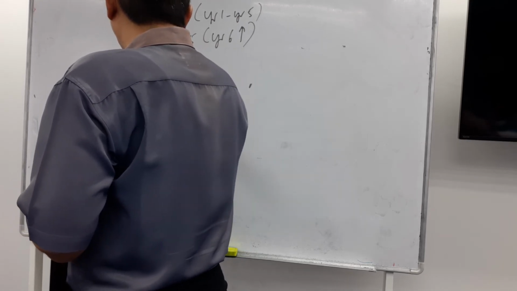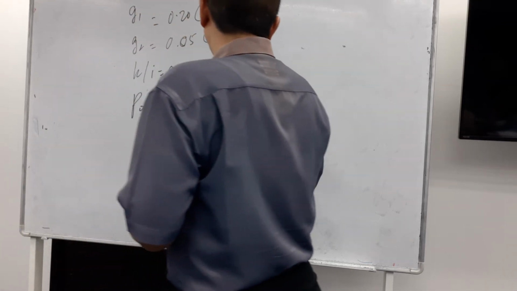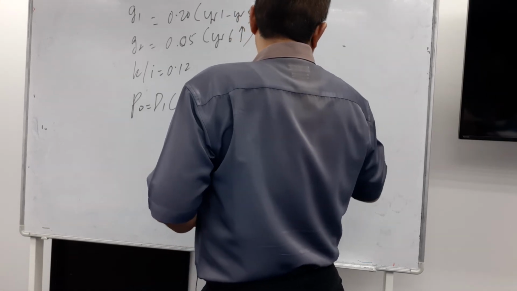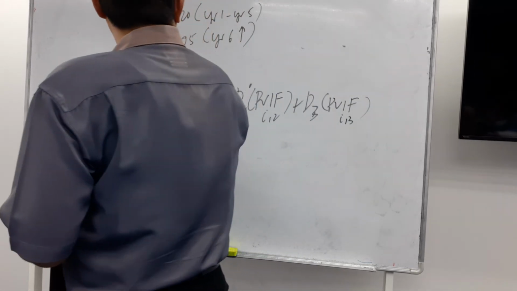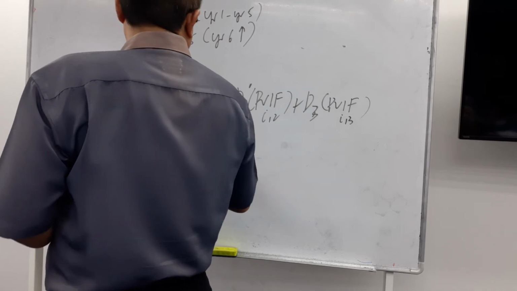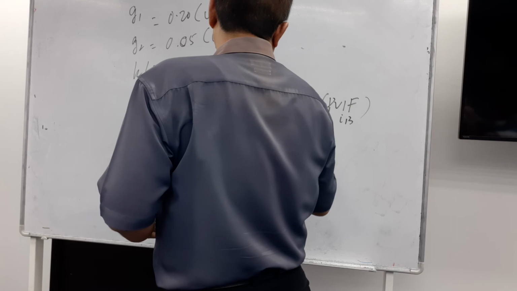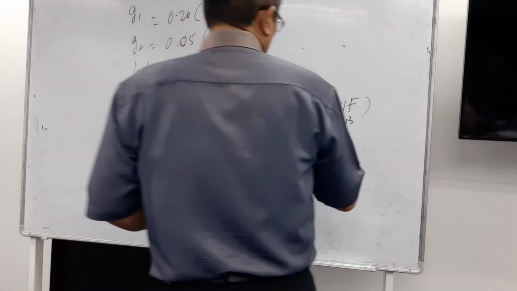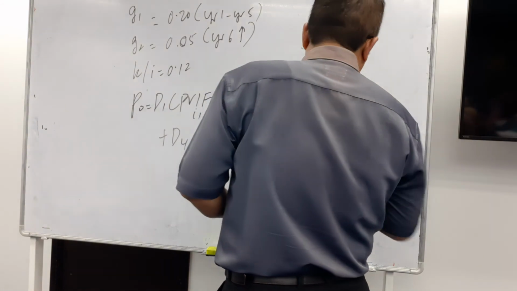P0 is equal to D1 PVIF at I1, plus D2 PVIF at I2, plus D3 PVIF at I3, plus D4 PVIF at I4, plus D5 PVIF at I5, plus SP5 PVIF at I5.